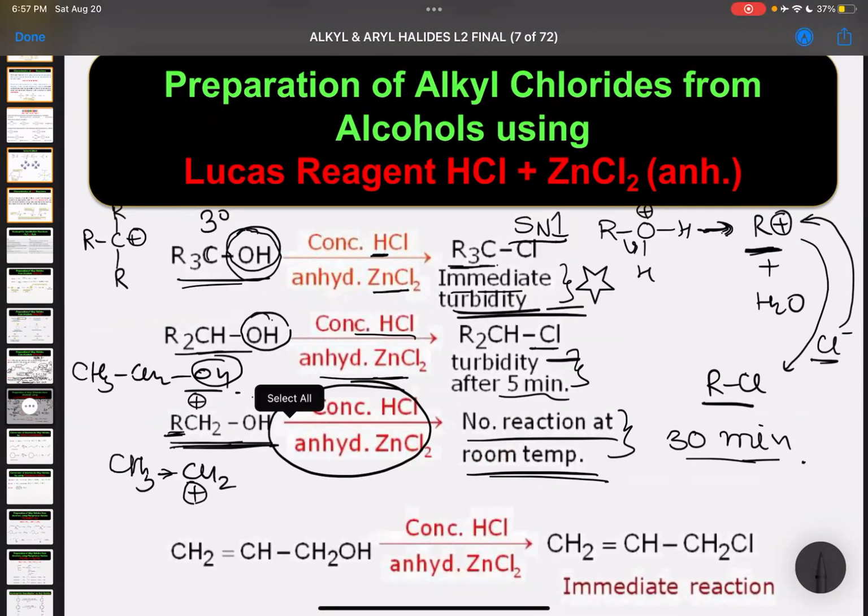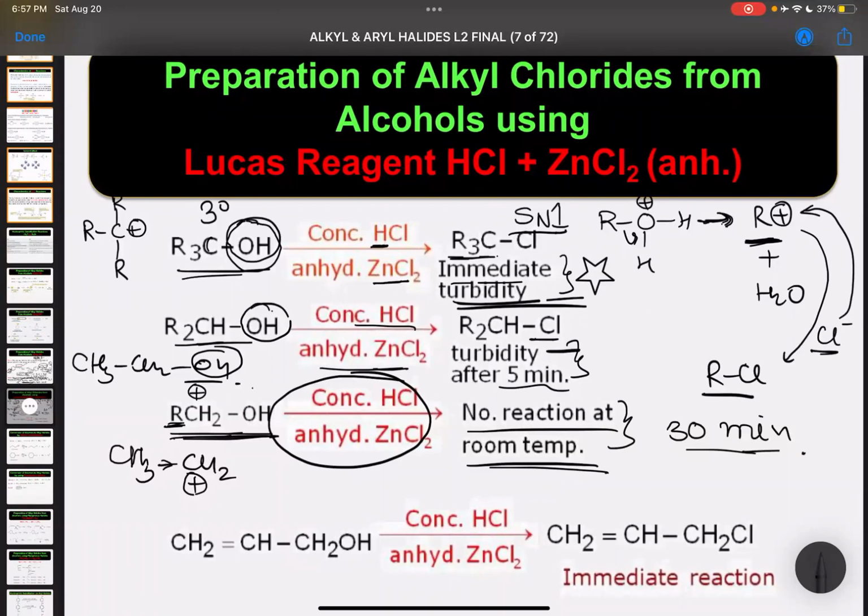Okay, so if I give you 3 test tubes containing 3 different alcohols, but they are colorless. One contains primary alcohol, another contains secondary, and the third one contains tertiary alcohol. And if you forgot to put labels, can you tell me which test tube has which alcohol?